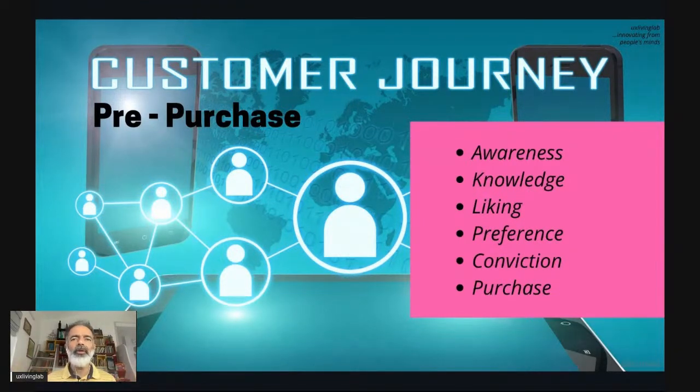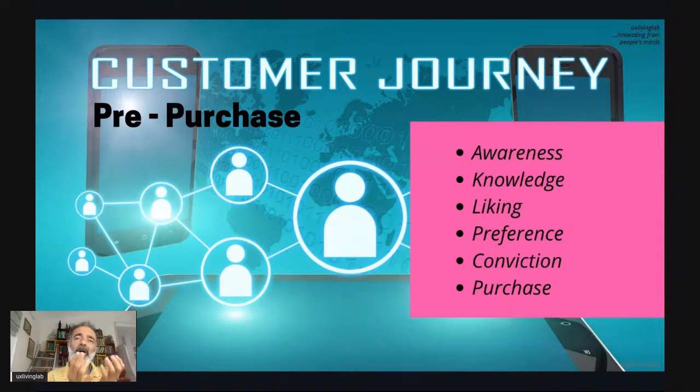So how does your targeted customer get the awareness? Then, how does your customer gain knowledge about your product or service? Maybe he'll look on the net, or refer to his relatives or friends, or try other ways.